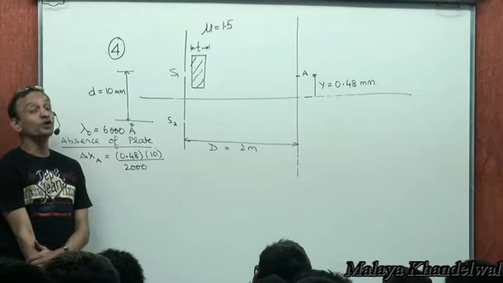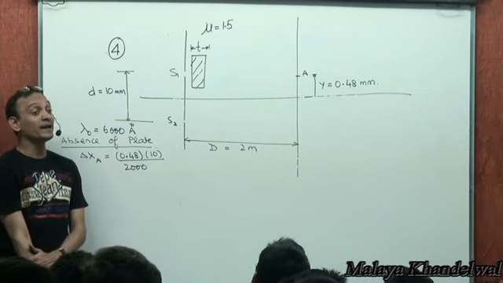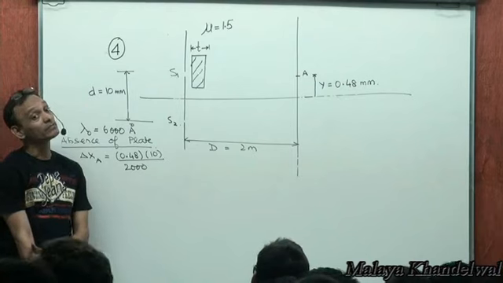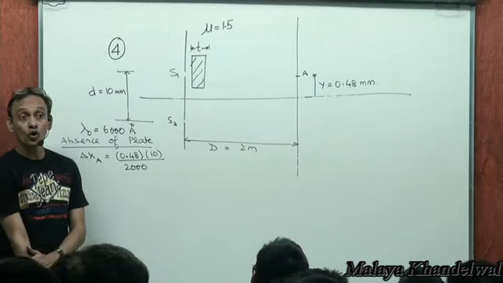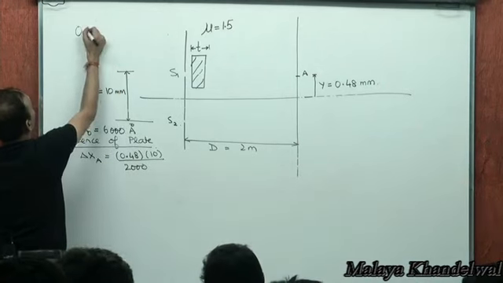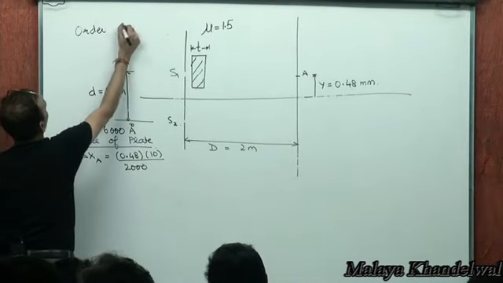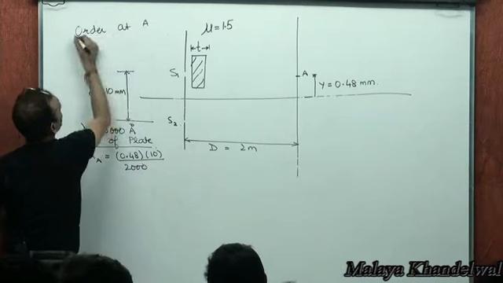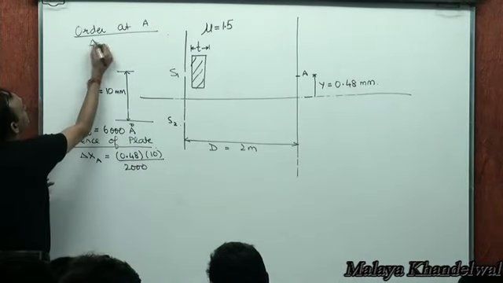The order at A would have been this divided by lambda. This divided by lambda would have been the order at A. So the order at A would have been the path difference divided by lambda.